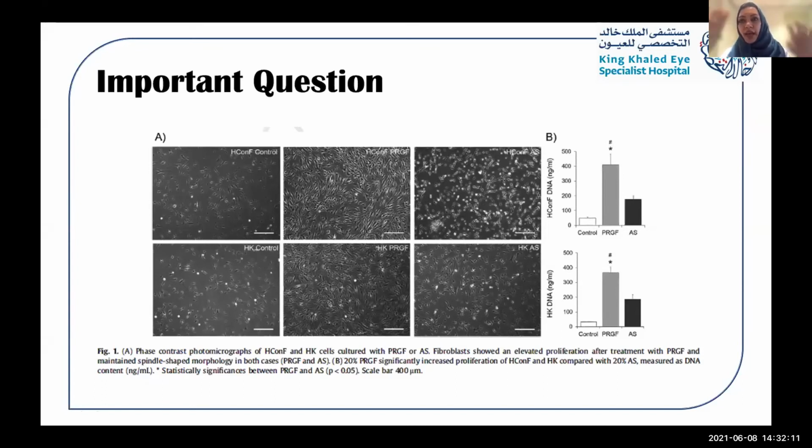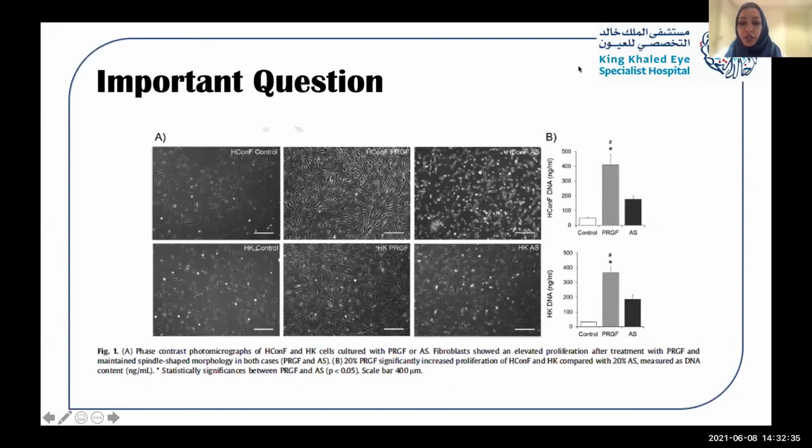So they had the exact concentration of growth factors and mediators in both the autologous serum and the plasma-rich growth factor. And then they wanted to see what is the difference in the proliferation of both the corneal and the conjunctival cells.